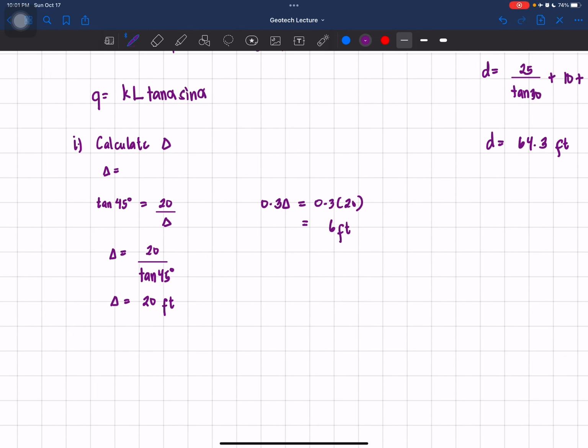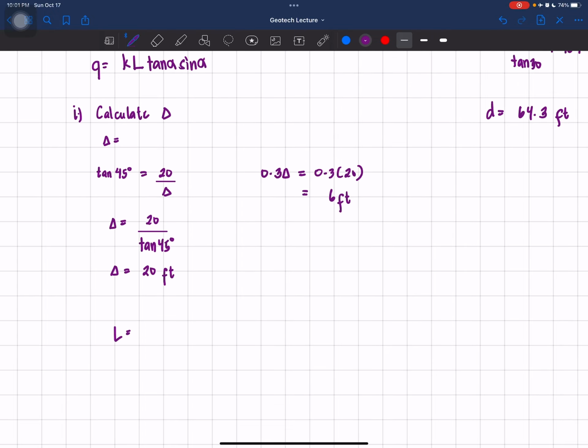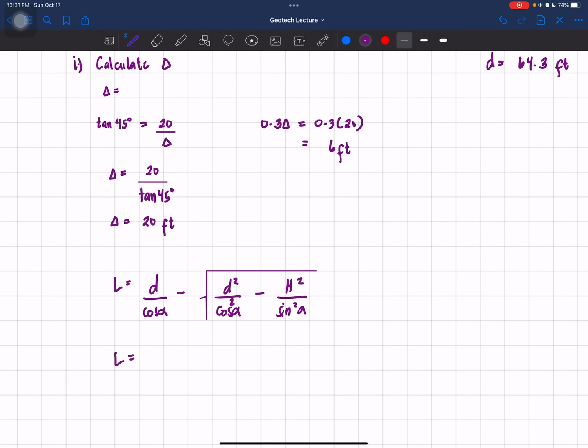So here it is. L equals D all over cosine alpha minus the square root of D squared all over cosine squared alpha, minus H squared all over sine squared of alpha. Okay? So, what is our L now? Given our D of 64.3, cosine alpha, what is our alpha? That's 30 degrees.